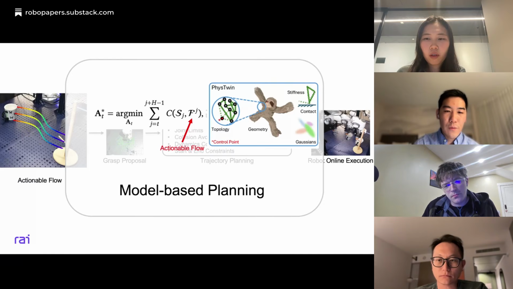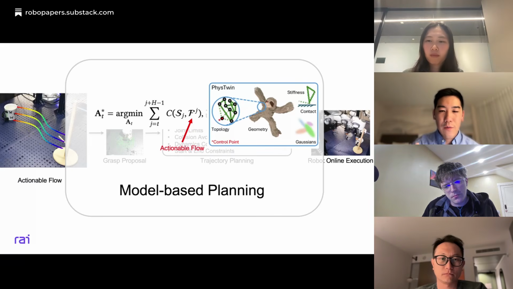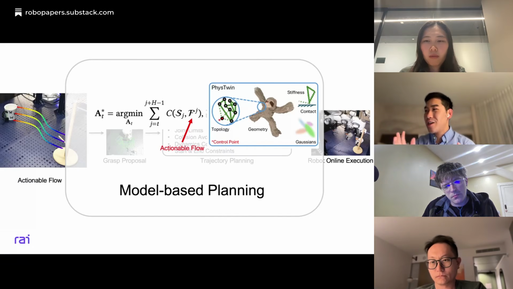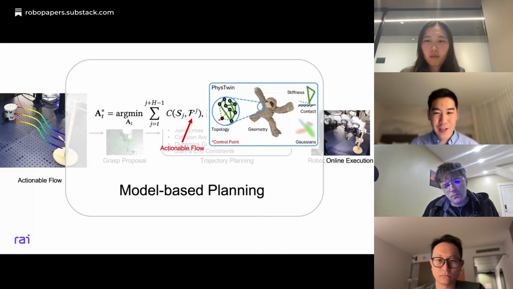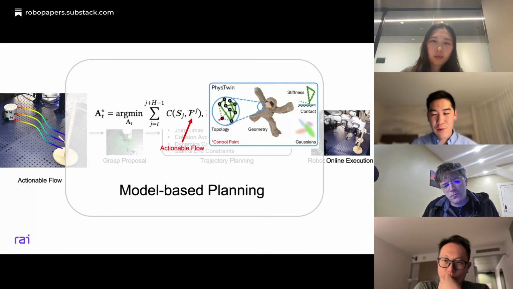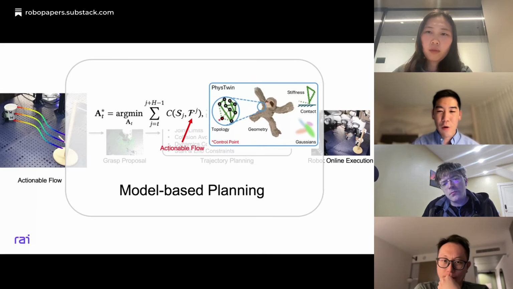So we want to find a sequence of actions that minimize the future particle position following this actionable flow. So basically, this is just like a tracking controller, right? Which is very, very popular nowadays. If you look at the local motion or local manipulation line of work, they are all tracking controllers. So here is a tracking controller on the flow.